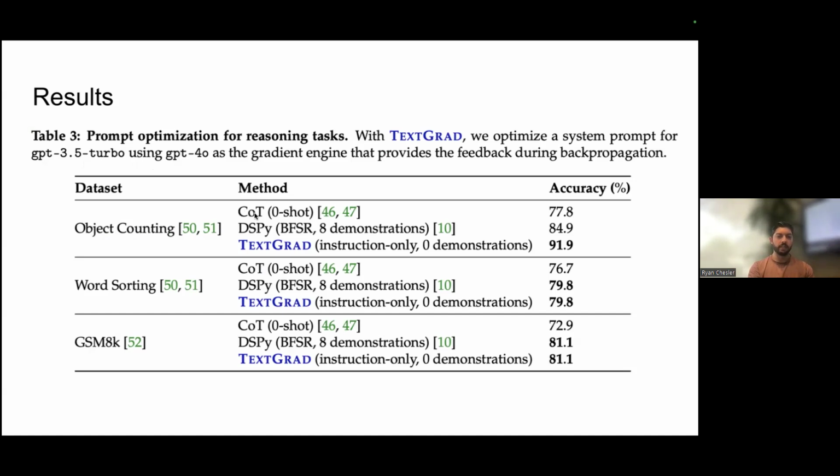So this here is chain of thought. And so this is sort of a certain way of prompting the model and getting it to behave. And this is kind of accepted to be a good starting place for your prompting. And so they're saying, here's what happens if you just give it a decent prompt to start. And then this DSPy is another system that's basically saying there's ways that you can pack in examples of the inputs and outputs that you want, and DSPy helps you plug those in.